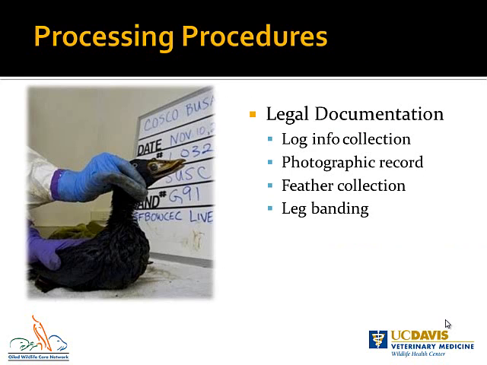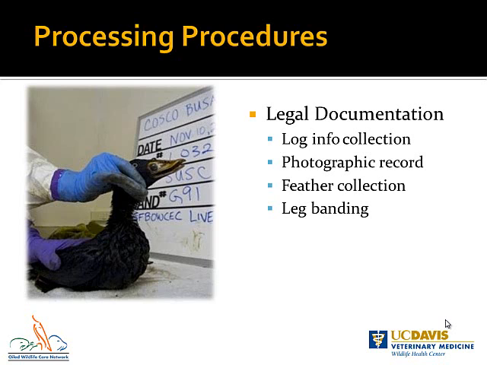Okay, the processing refers to the legal documentation that occurs at the primary care facility. So this is very important to collect all of this information in a very logical and standardized fashion. So information on where the animal was collected, there's always a photographic record, such as this right here, the scoter. There's a feather sample that is always taken.